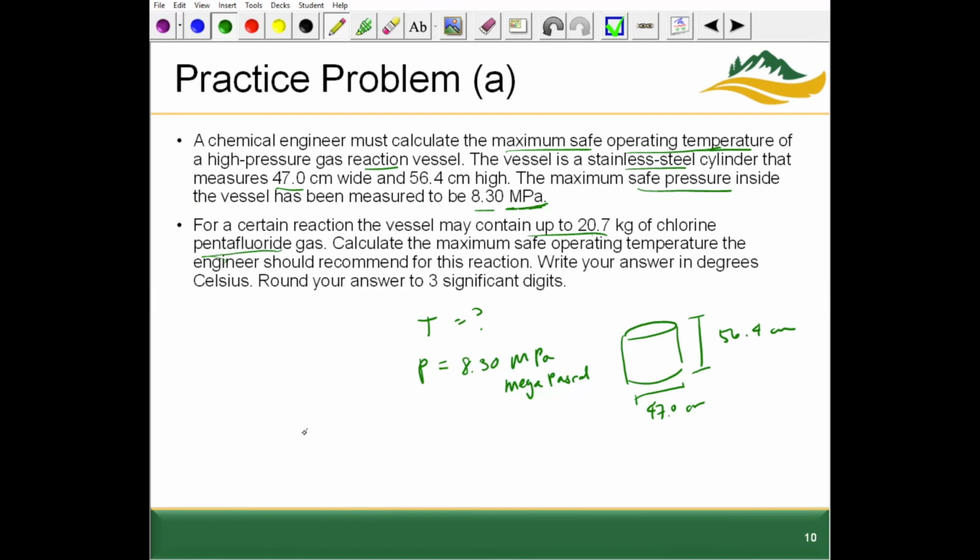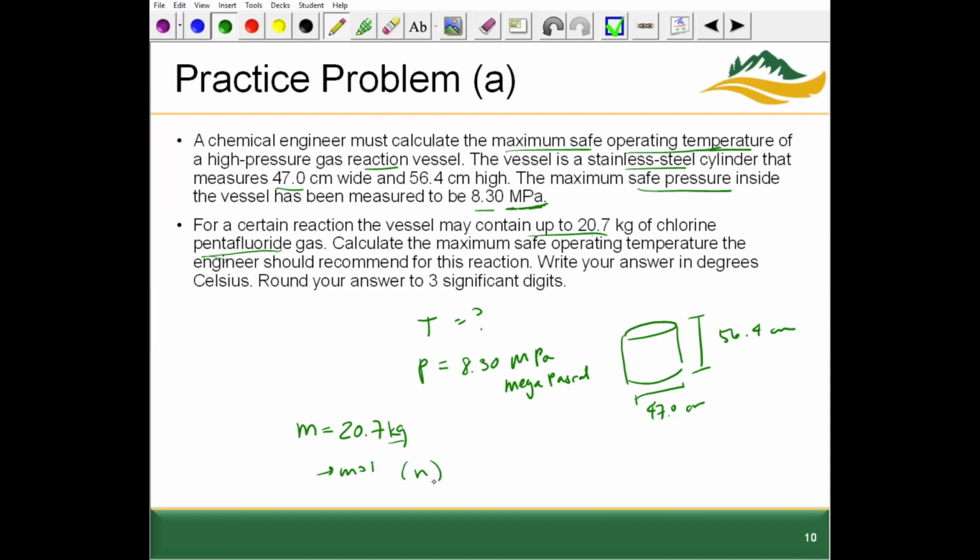For a certain reaction, the vessel may contain up to 20.7 kilograms of chlorine pentafluoride gas. So we don't have the number of moles, but we do have the mass of the gas, 20.7 kilograms, that's important. We will eventually need to convert that into moles to plug into our n in the ideal gas law.